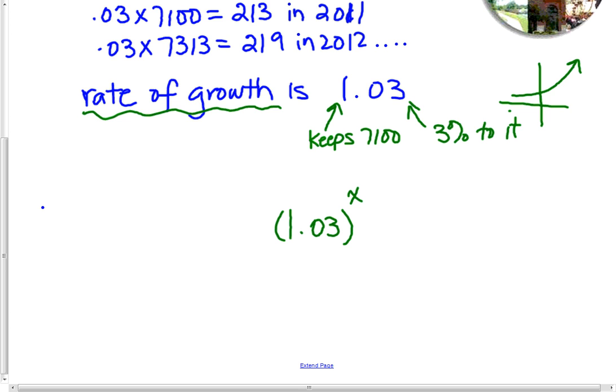But we have a vertical stretch factor 7,100. In other words, our y-intercept, which we know gets affected by that number, and our steepness factor is affected by the 7,100. So our population will be 7,100 times 1.03 to the power of x.